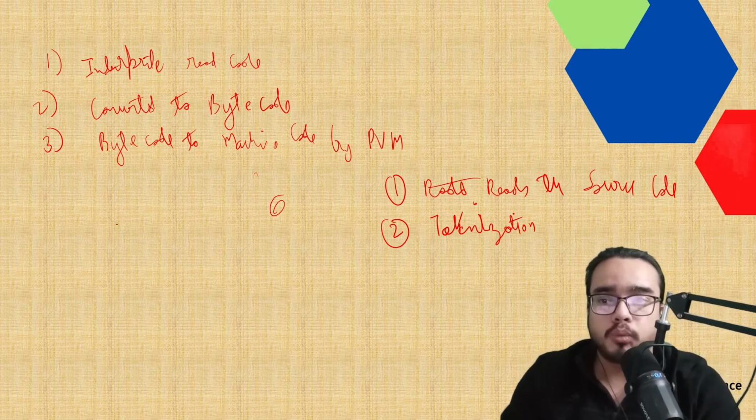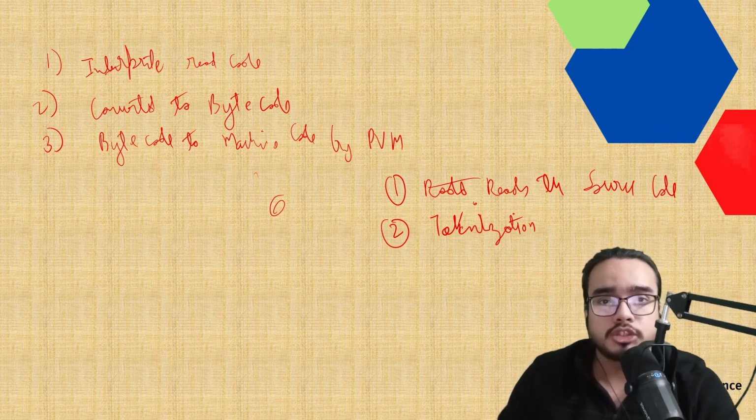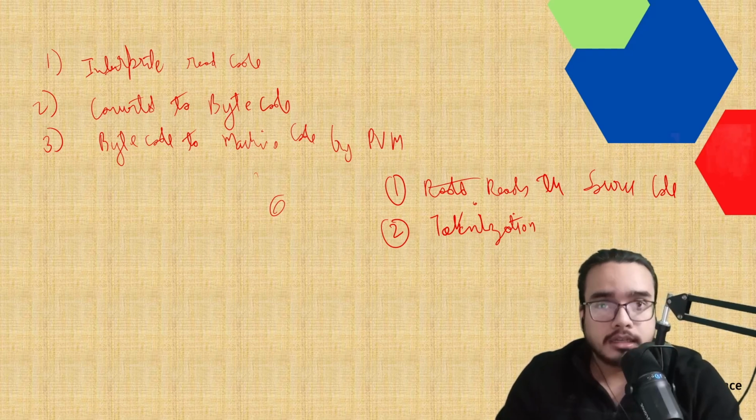So what is bytecode? We are done with the first process. The second process is converting to bytecode. Bytecode is low level but not machine code. From the very start, you must have heard about high-level, mid-level, and low-level languages. High-level languages like Python and Java are written in a human-familiar manner or language.